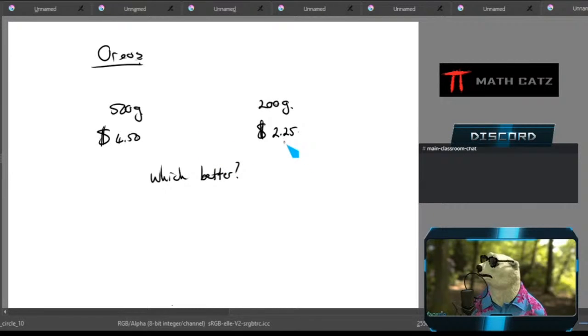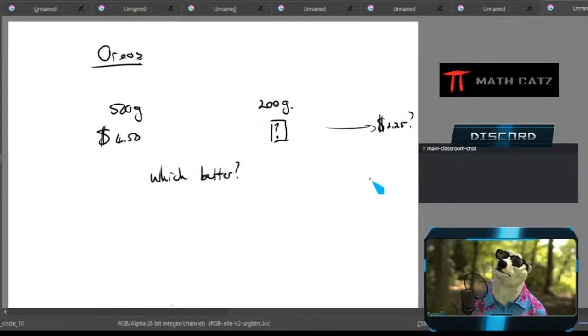I can certainly make it one by making one an unknown and saying, let's find out what a 200 gram pack should cost to be perfectly in line with the 500-gram pack. And then I can compare that after the fact with how it looks compared to 2.25. You can do that. You can certainly make a similar question out of this. Absolutely.